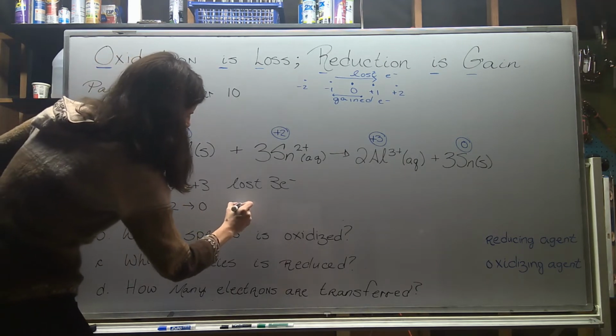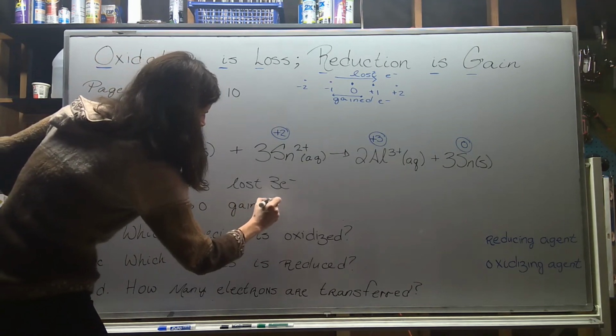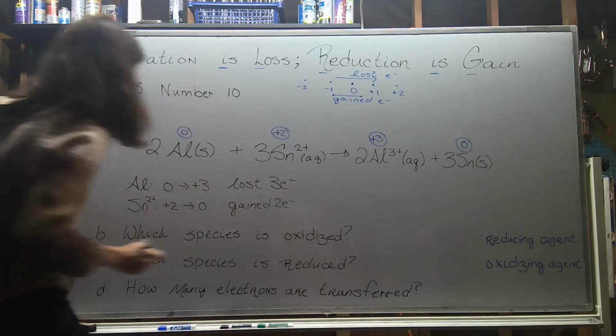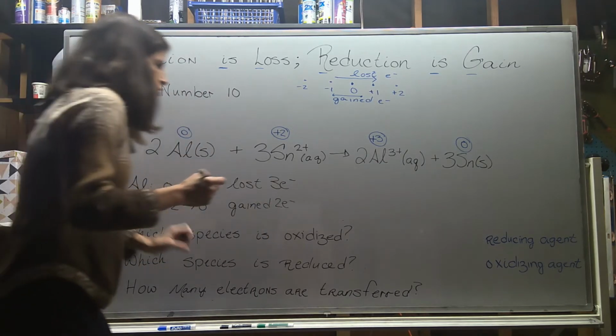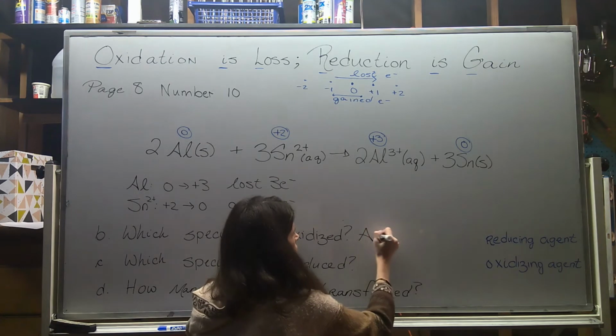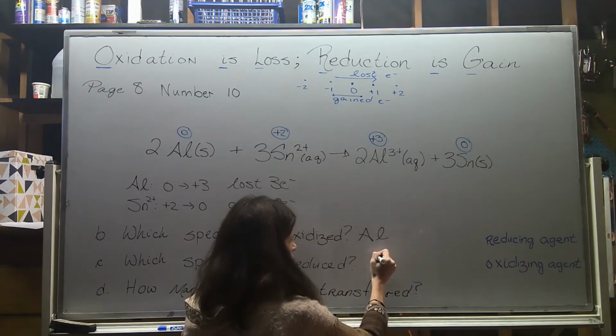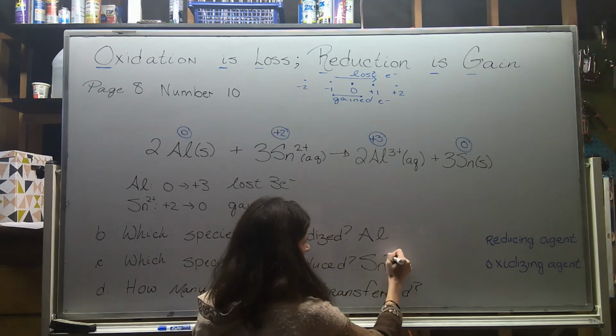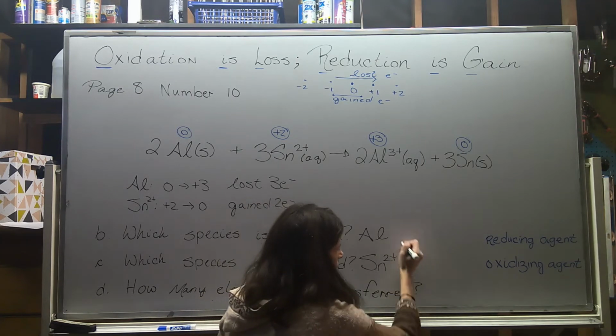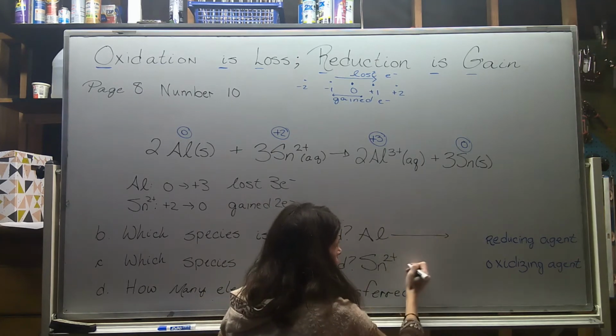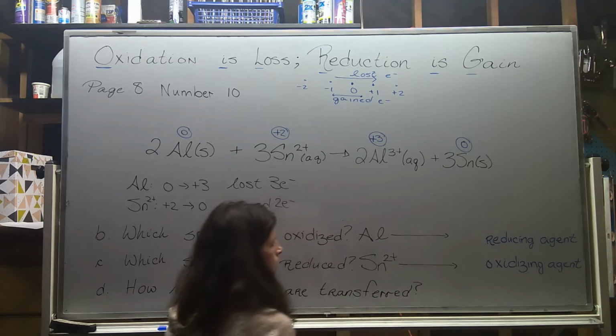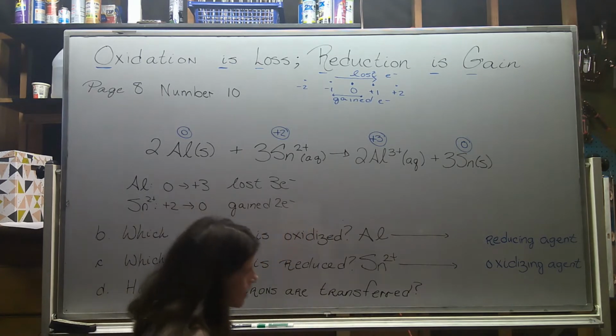That means it gained 2 electrons. Oxidation is loss, so aluminum was oxidized. Reduction is gain, so that tin ion was reduced. That makes aluminum my reducing agent and the tin ion the oxidizing agent.